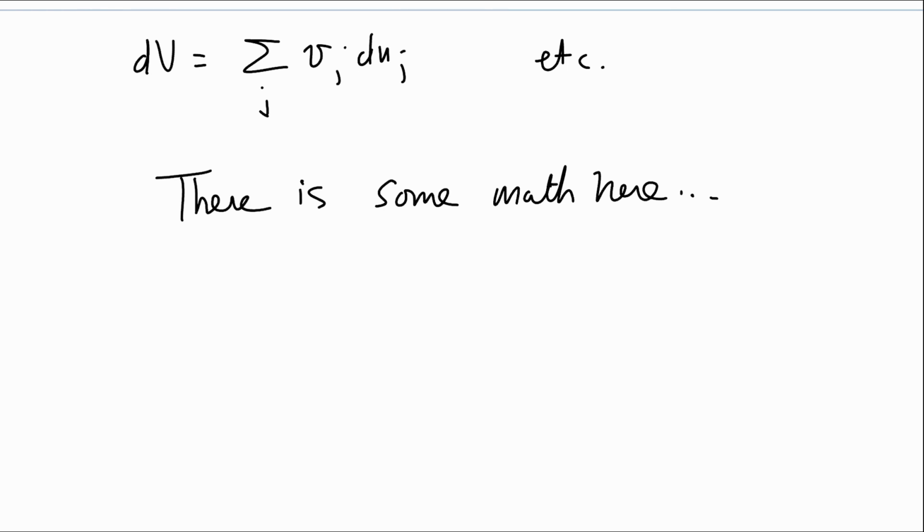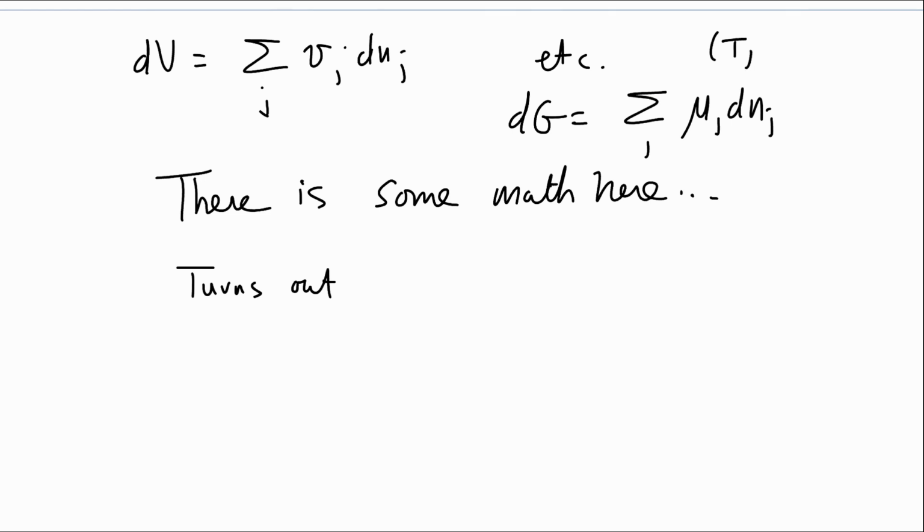These molar quantities, it turns out, see how this dG is the sum over j of mu sub j dn sub j, if T and P are constant. I have to add this stipulation: if the temperature and the pressure are constant, then that's how the differentials are.